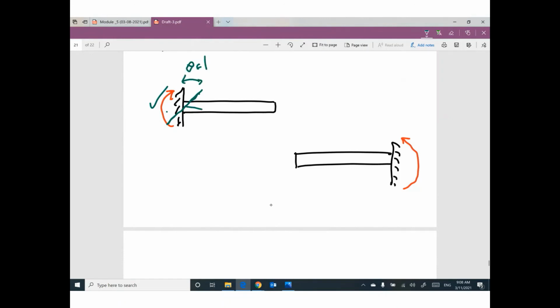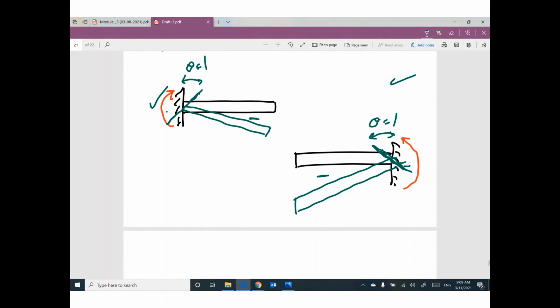So this beam will be like this, which is negative. If you rotate this fixed to follow the assumed moment, it will be like this. So the new shape of the beam will be like this, which is negative. So no way to be positive. Probably in another part of the beam it will be positive, but for this part, which is supported by this fixed, probably 100% it will be negative.